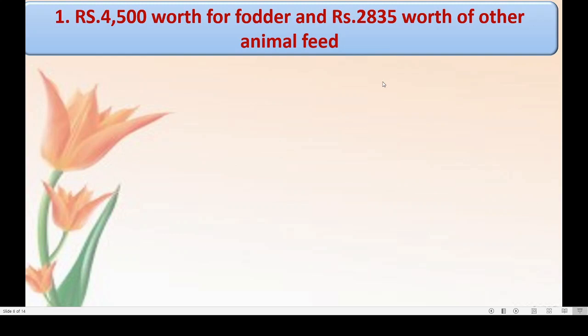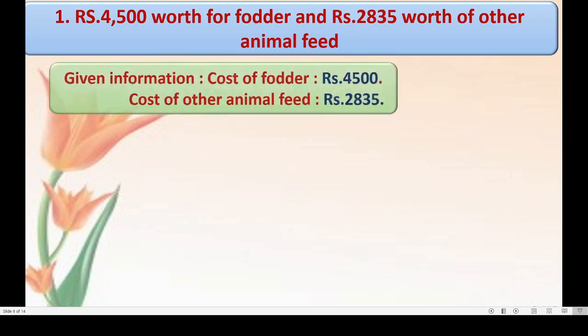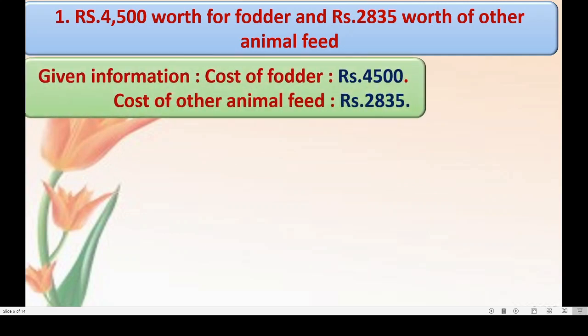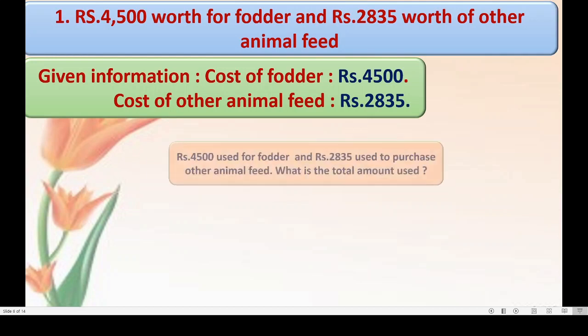Correct? Now we will try to frame a question of addition. This is given information, correct? Cost of the fodder is rupees 4500 and cost of the other animal feed, that is rupees 2835. See this? Now addition sum.